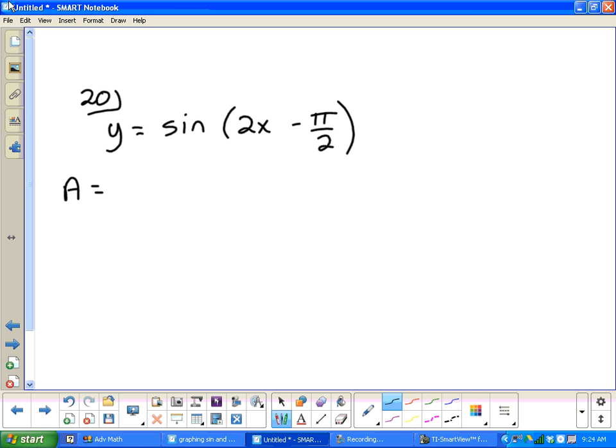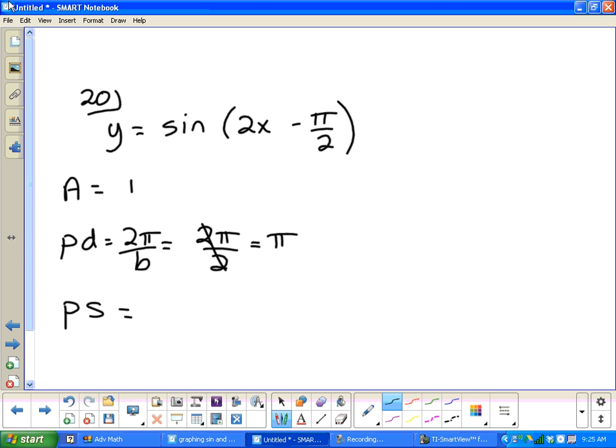Now, let's go with everything that we know so far. Amplitude is just what? 1. Period, 2 pi over b. What's the b value? 2. So you get 2 pi over 2, which is just pi. Now, I'm going to say PS for phase shift. Let's do the formula first.